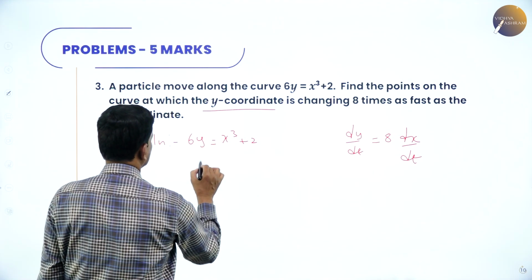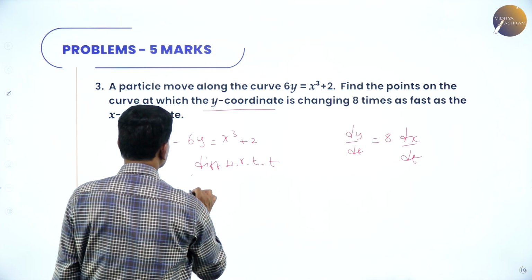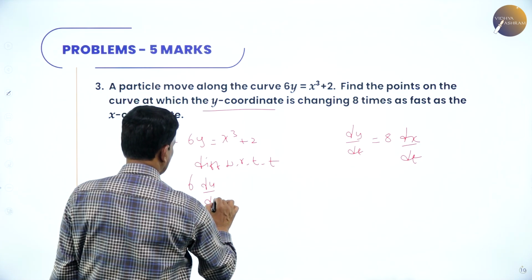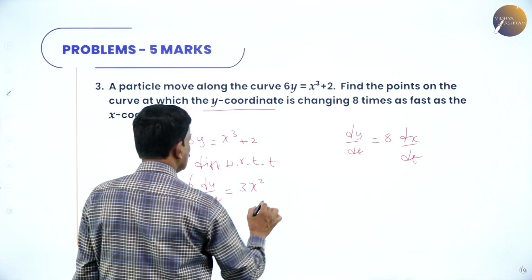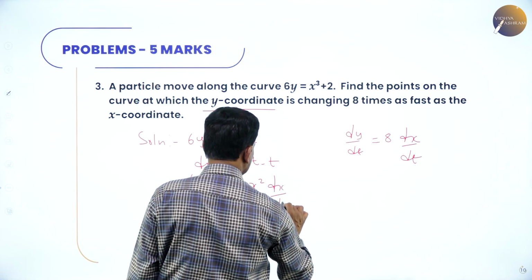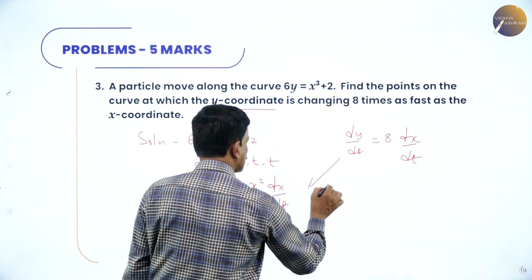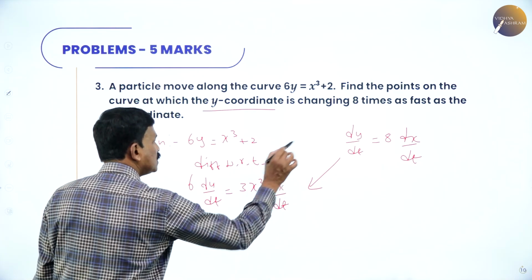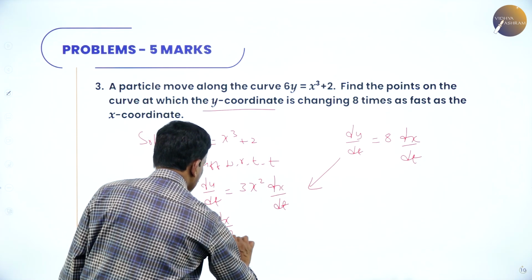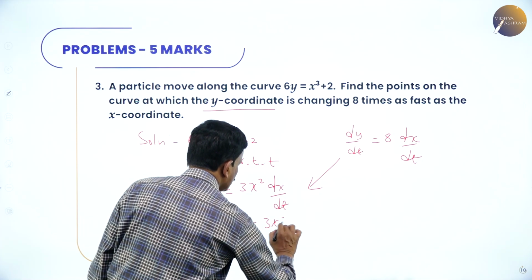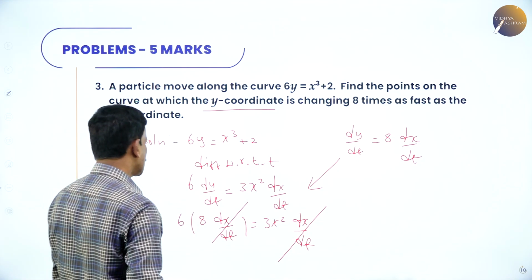Now differentiate this. Differentiating with respect to time t, 6 into dy by dt is equal to the differentiation of x cube, which is 3x square into dx by dt. Now substitute the value of dy by dt. 6 into 8 times dx by dt is equal to 3x square into dx by dt. dx by dt gets cancelled.